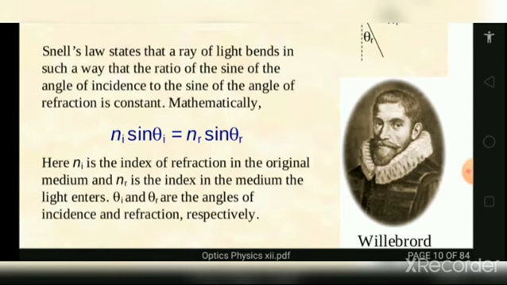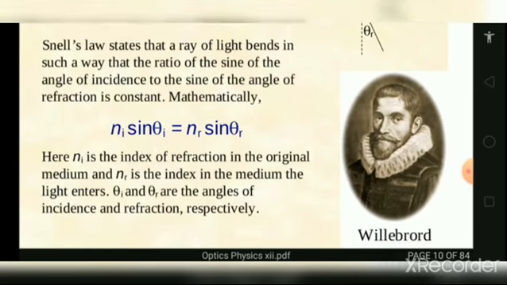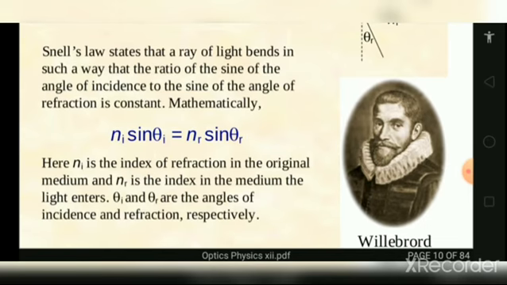As light goes from a rarer medium to a denser medium, the ray of light makes an angle of refraction that is smaller than the angle of incidence, and the ray bends towards the normal.